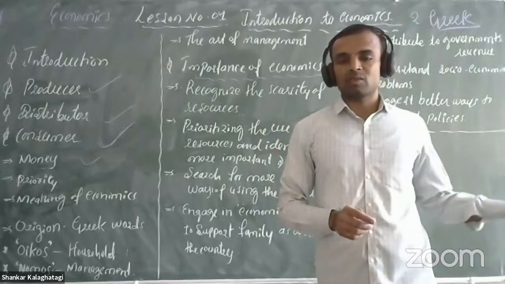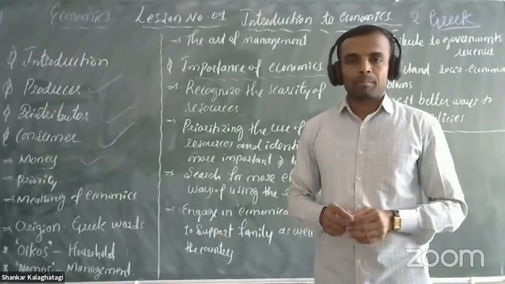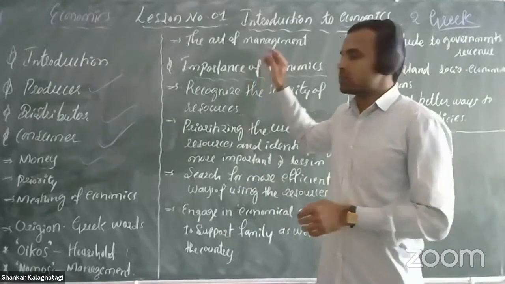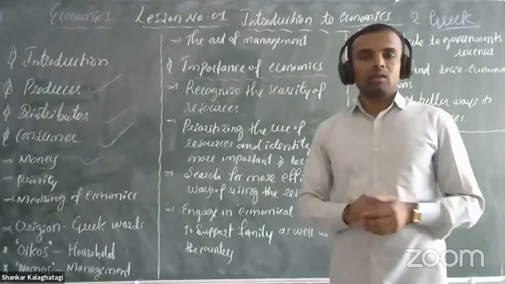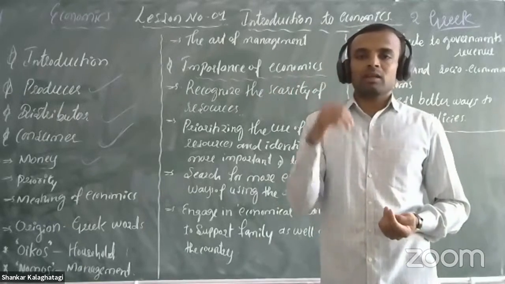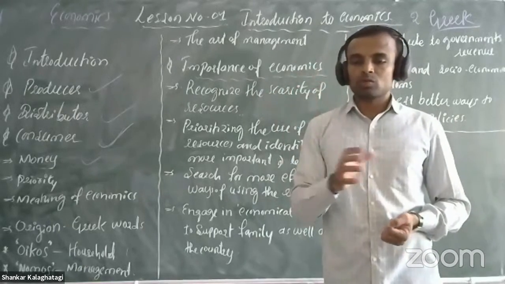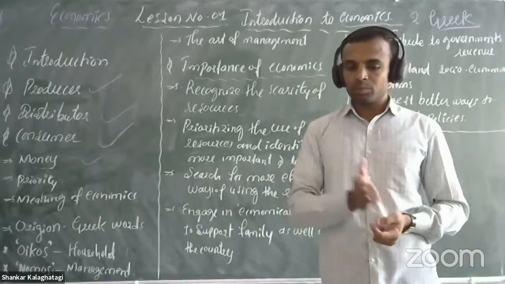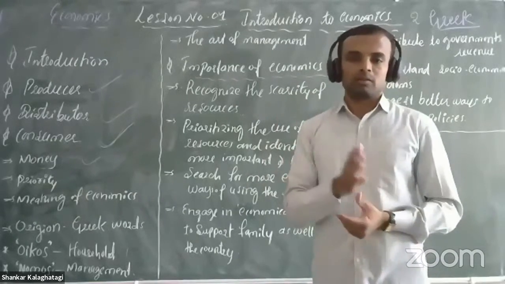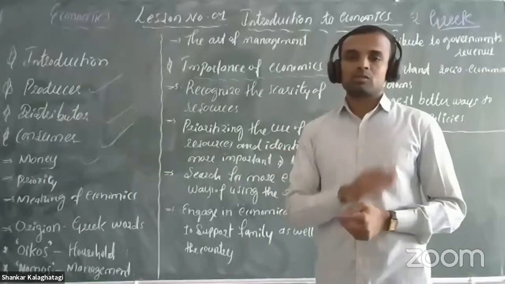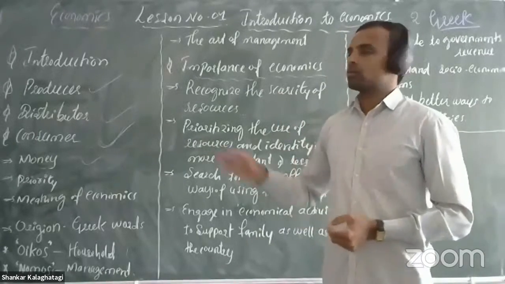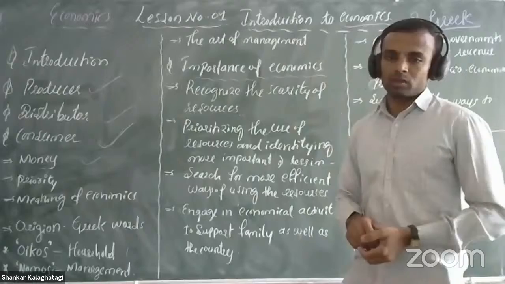We will drop the less important cotton. Like this, economics helps to identify the less and more important goods and services which help us fulfill our needs. This is the second importance of economics.